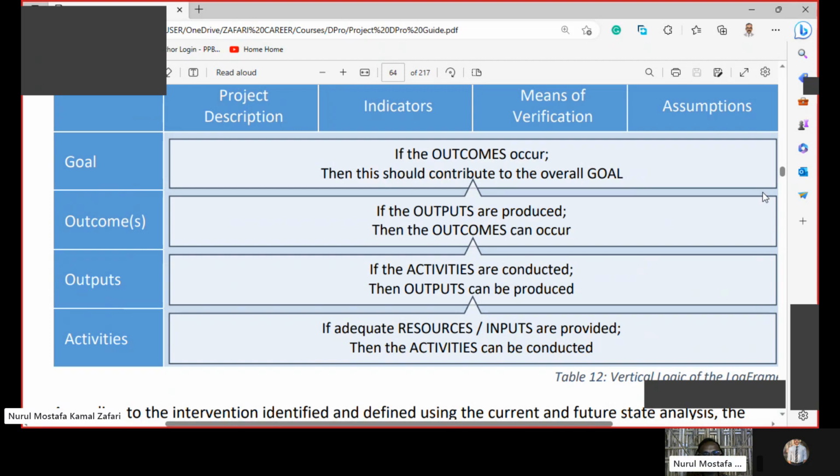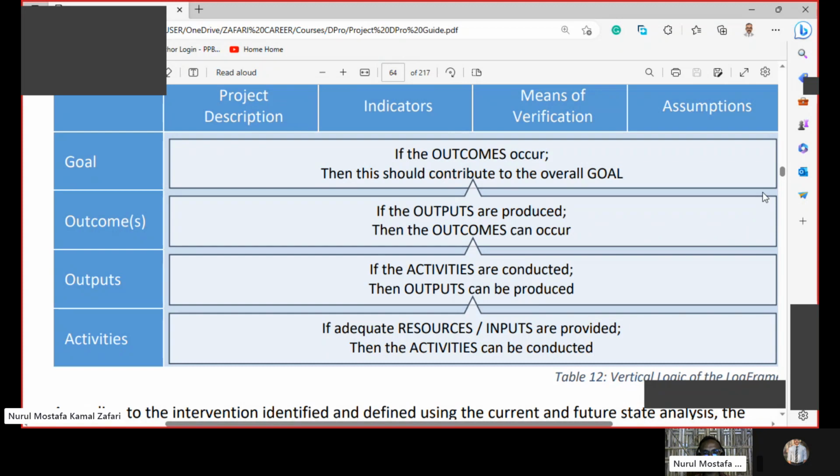So the horizontal logics are project description or statement, indicators, which are called verifiable indicator or objectively verifiable indicator, OVI. Simply, in many cases, we use the term indicator as we become more familiar with the definition of this term, its implication, and how it works in a logical framework table.